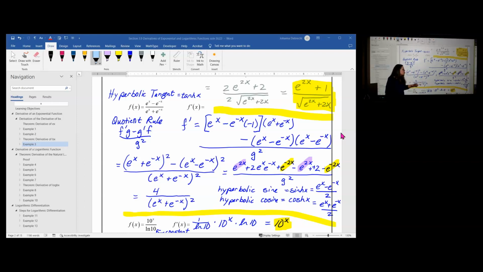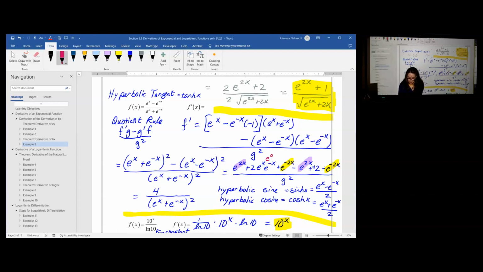Now I multiply these out by multiplying their binomials together. In the middle term of the first one, I get 2 e to the x times e to the minus x. I would get minus 2 e to the x, e to the minus x in the second binomial. When I'm looking at this, remember that when the base is the same and you're multiplying, you add the powers. So this combines to give me e to the x minus x, which is e to the 0.